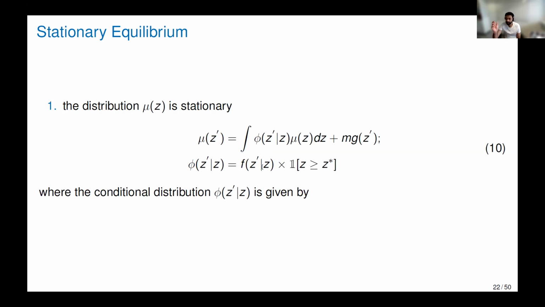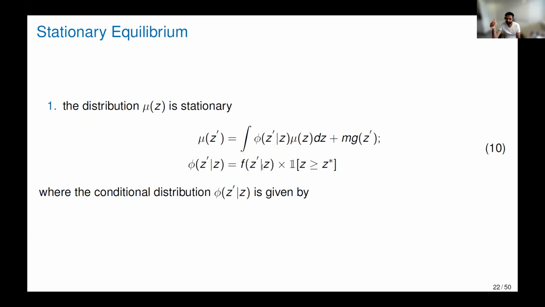But of all the firms jumping from Z1 to Z2, Z1 to Z3, Z1 to Z4, some of them will not survive the market, right? Let's say there is a threshold Z star, below which nobody produces, let's say it's Z2.